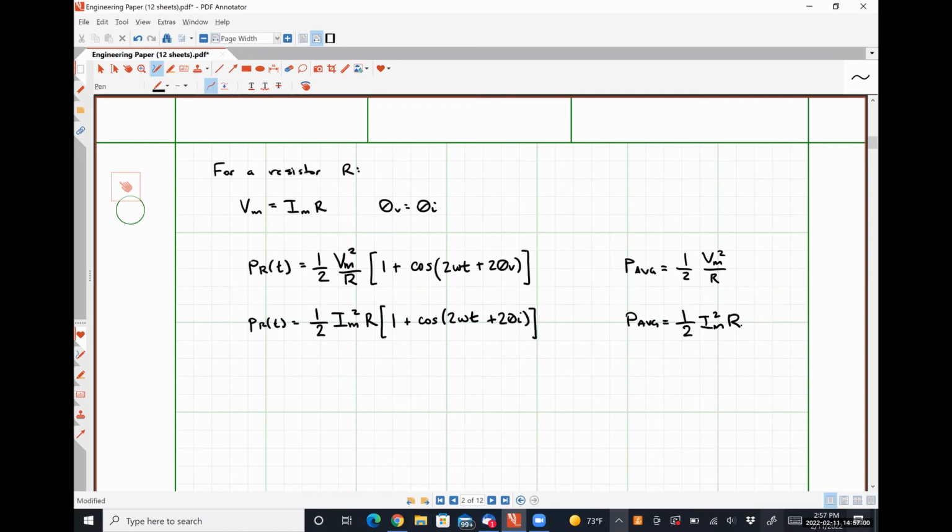All right. Now let's talk about an inductor. So for inductors, our relationship between the magnitude of the voltage and the magnitude of the current is Vm is equal to omega L times Im.